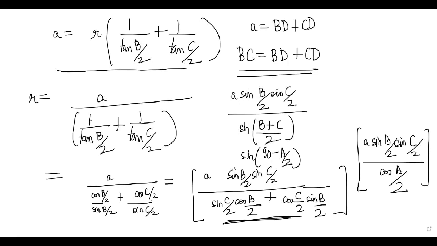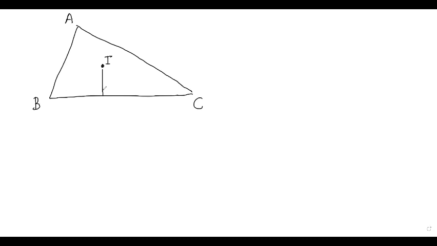I'm just revising. Everyone who has not understood, please pay attention. This is a triangle. This is my incenter. I am dropping a perpendicular from here. This is my r, right? These are angle bisectors. You know that these are angle bisectors.